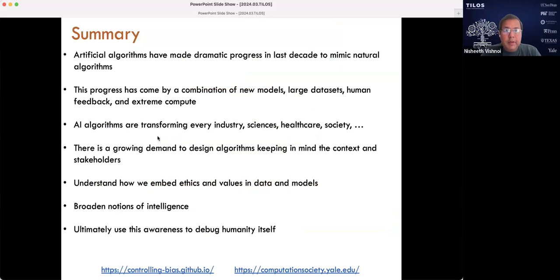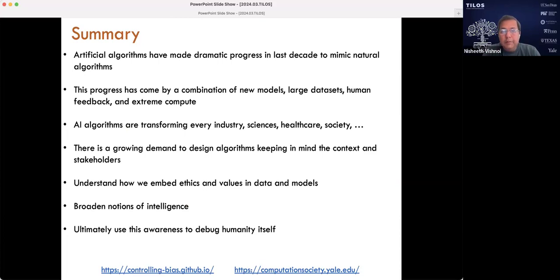So to summarize, artificial algorithms have made tremendous progress in trying to mimic natural algorithms, which remains currently the goal. This has been an outcome of not just data, but also models, human feedback, compute, and so on and so forth.